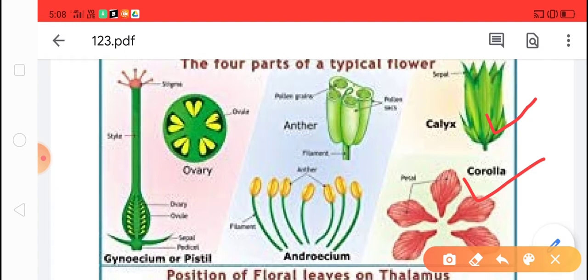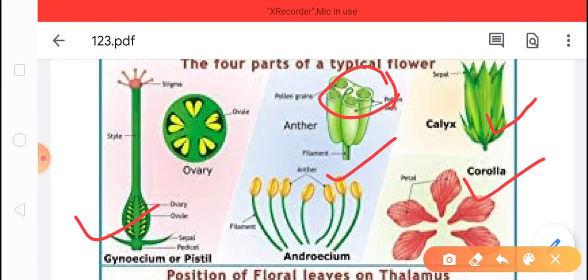Inside the petals, the male reproductive organs called stamens are present, and stamens have a filament and anther, and inside the anther the pollen grains are present. In the center of the flower, the female reproductive part is there. It's called the ovary, and the ovary has the style and stigma on its upper part.